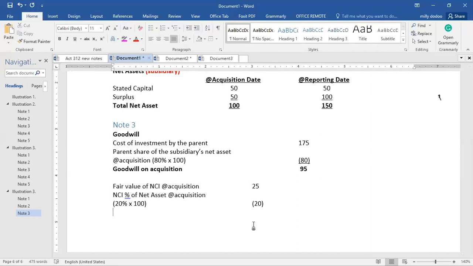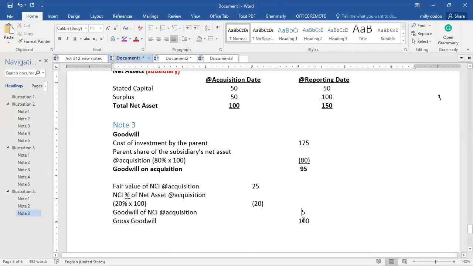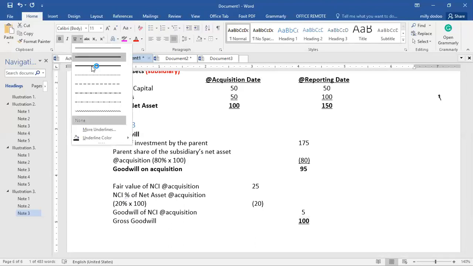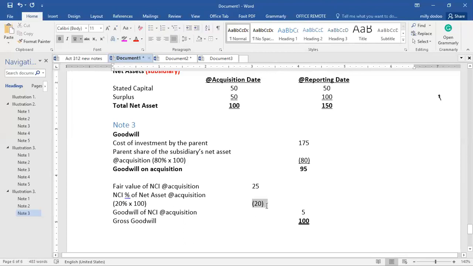And this one is the goodwill of NCI at acquisition. So when you total, you get what you call your gross goodwill. So the gross goodwill is going to be 100.